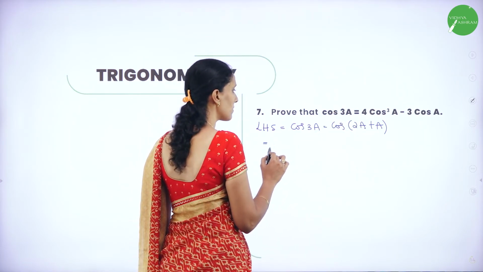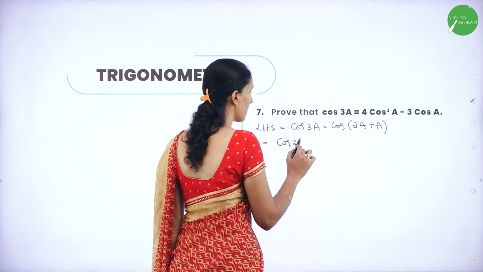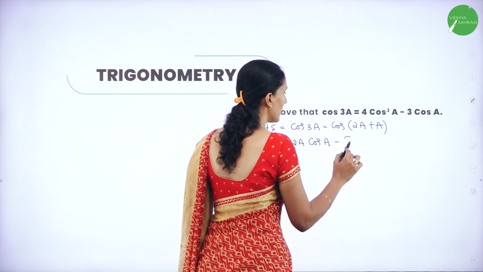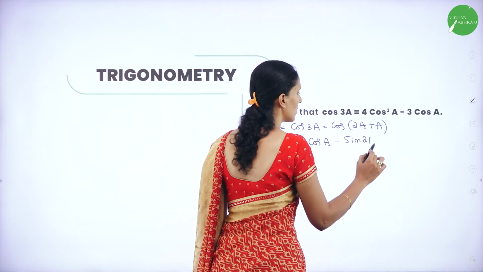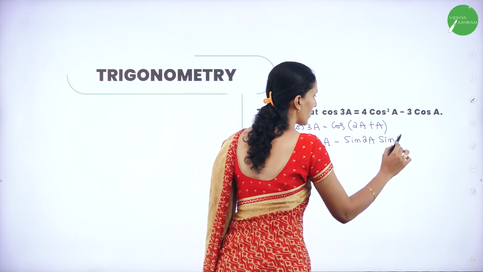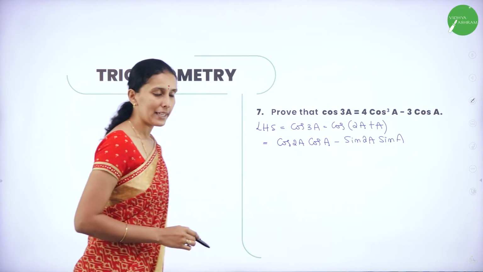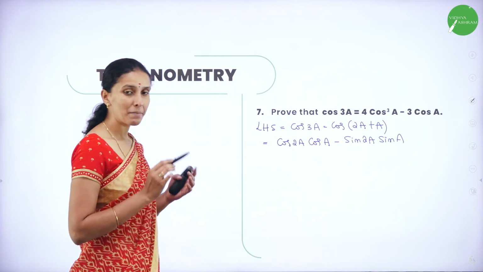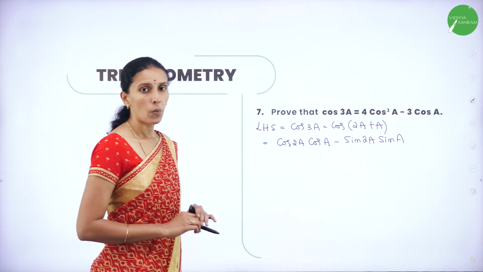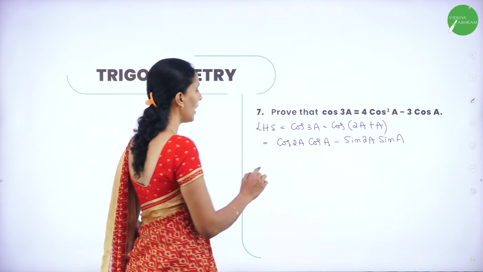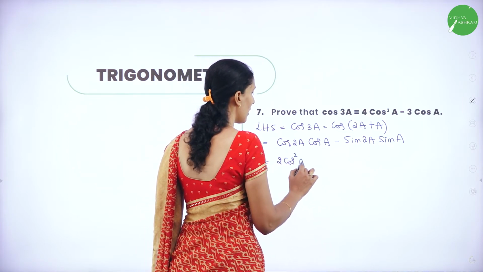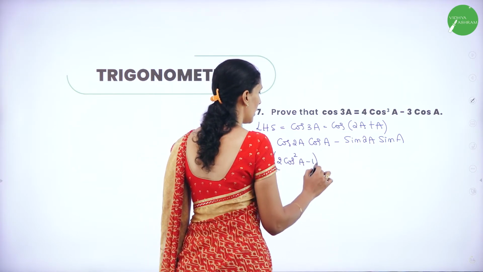So cos(A plus B) means cos A cos B minus sin A sin B formula. So here A is 2A, B is A. Now cos 2A also can be replaced using one more formula. What is that formula? That is 2 cos square A minus 1, into cos A.